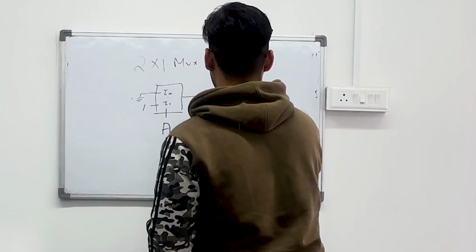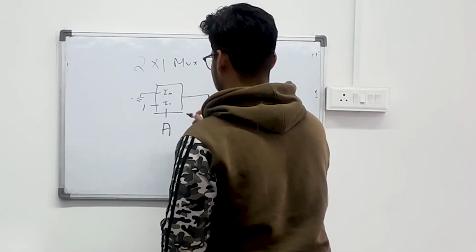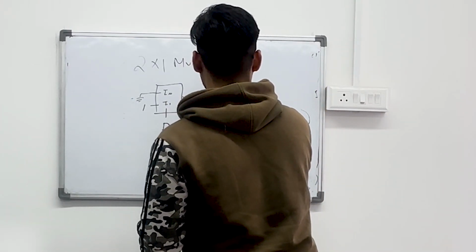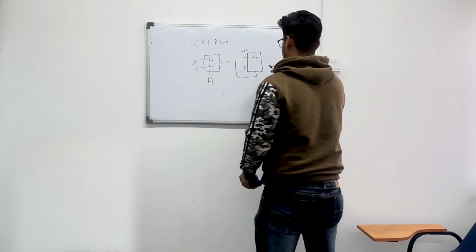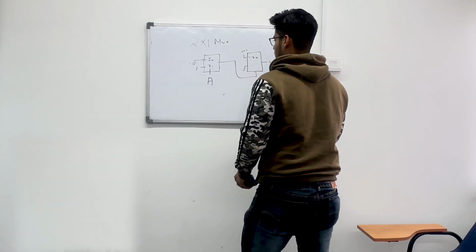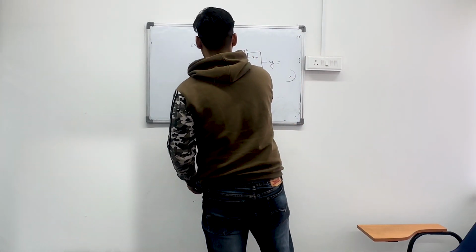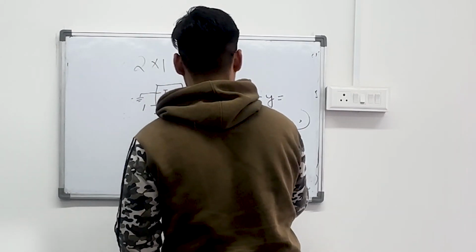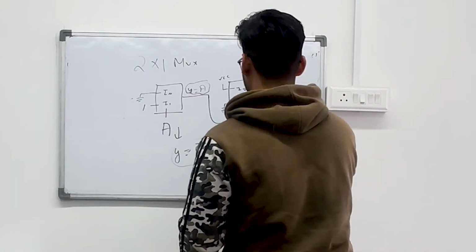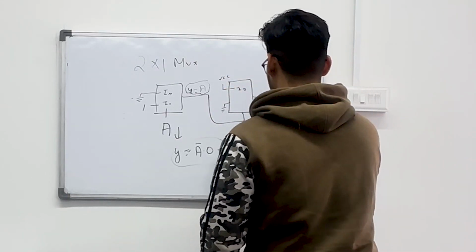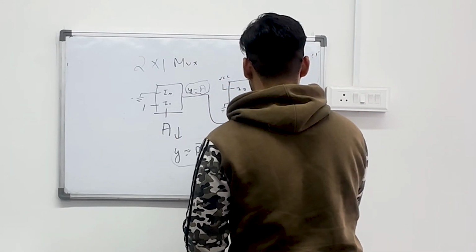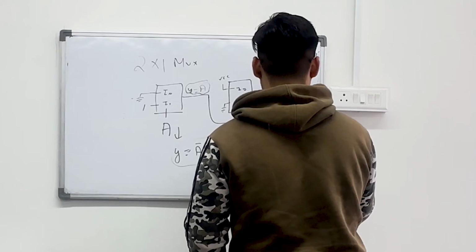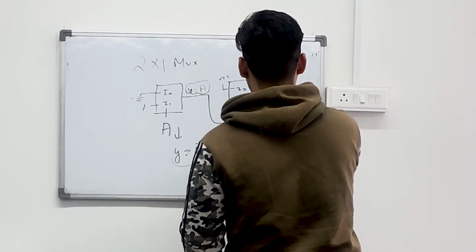The output is connected to the selection line, I0 of the second one is 1, and I1 is grounded. What is the output of this final MUX? So from the first MUX we will get A. Then we use it as a selection line. Then I will get A bar as the output, sir.